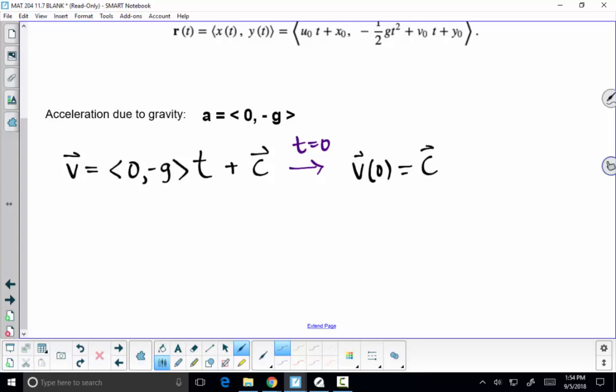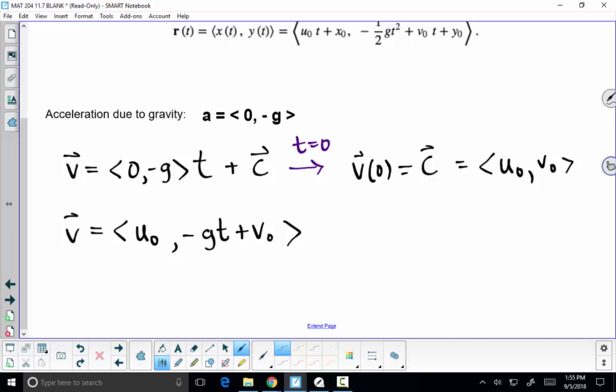That allows us to rebuild this and write v equals u naught, comma, minus gt plus v naught. So that will be our velocity vector. We replace c with what it's equal to: v of 0, which is the vector u naught v naught, the initial velocity vector.